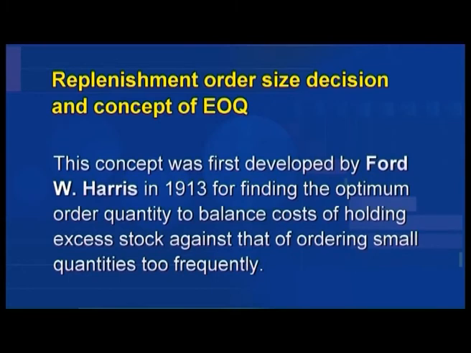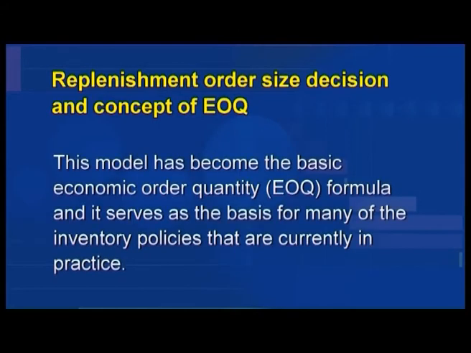This concept was first developed by Ford W. Harris in 1913 for finding the optimum order quantity to balance costs of holding excess stock against that of ordering small quantities too frequently. This model has become the basic economic order quantity formula, and it serves as the basis for many of the inventory policies that are currently in practice.